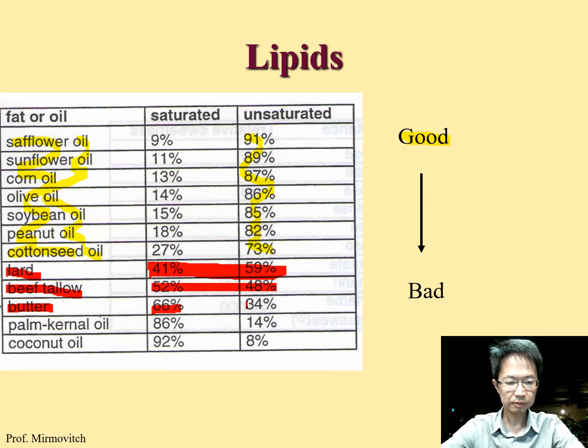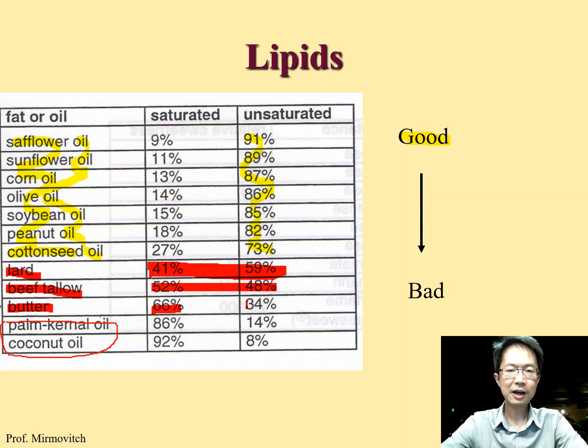And then the exceptions are these two cases. These two are the weird ones: palm kernel oil and coconut oil. They are plants. They are oil, but they have a high percentage of saturated fat. That makes them bad.